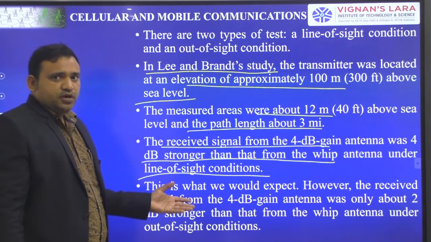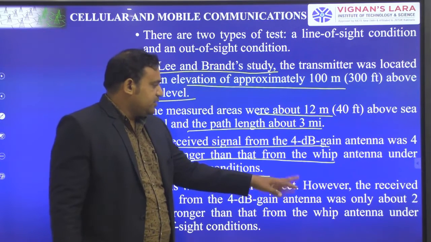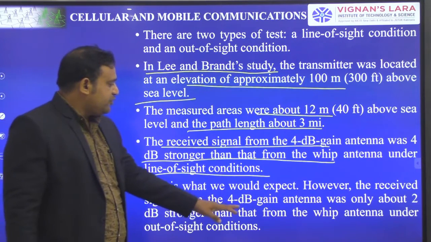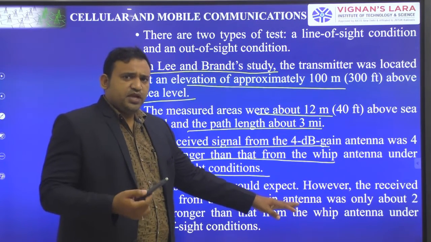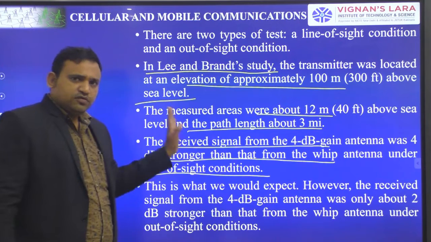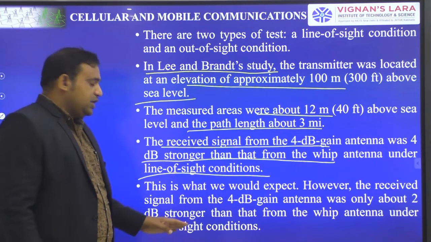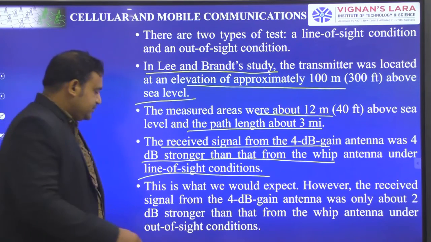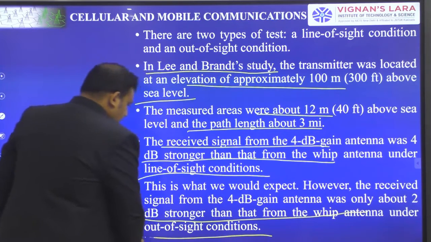So now we will study the out of sight condition. So this is what we would expect. However, the received signal from the 4 dB gain antenna here is, for example, only 2 dB stronger than the whip antenna under out of sight condition.